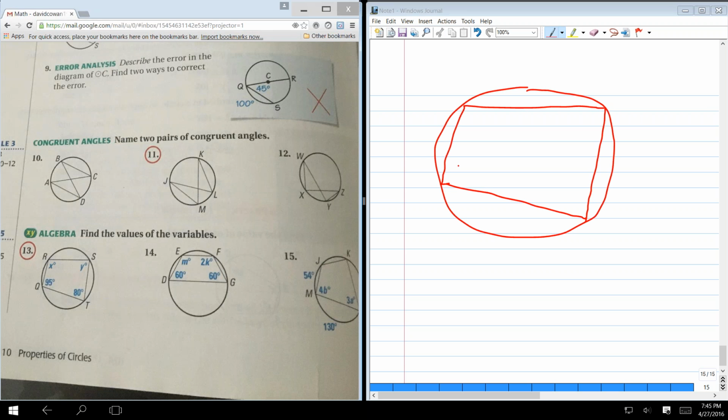But they've given us two angles. How are we going to solve for x and y? Based on just the fact that it's a quadrilateral, we wouldn't be able to solve for x and y. Exactly. But let's label the points.